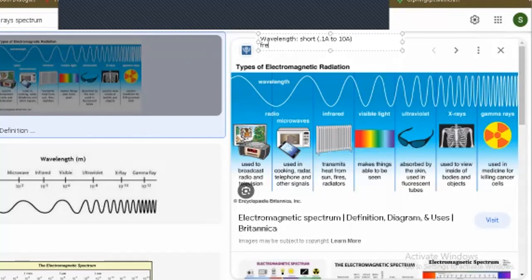Frequency is high. Velocity is the speed of light.